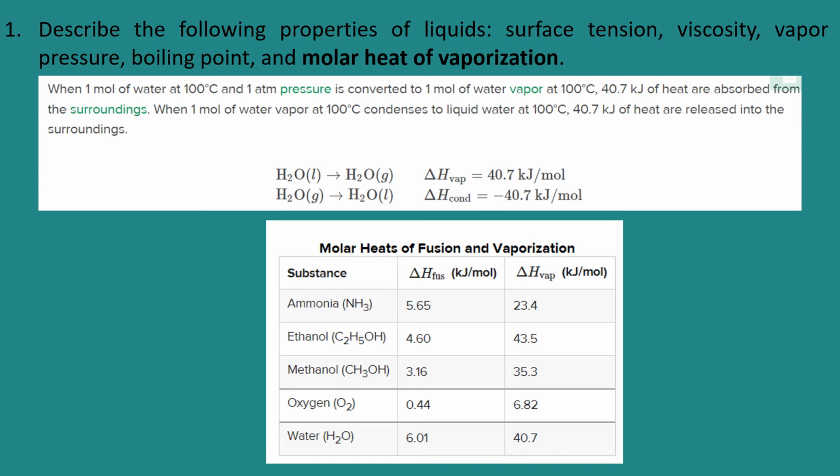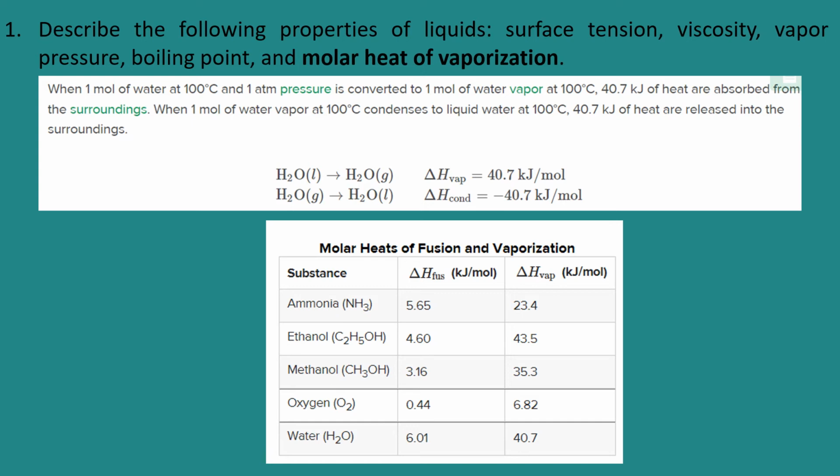So when 1 mole of vapor at 100 degrees Celsius condenses to liquid, 40.7 kilojoules of heat is then released into the surroundings. So that's how we can equate condensation and vaporization as exact opposite processes.